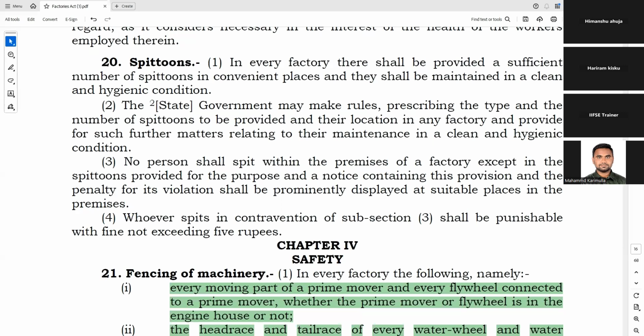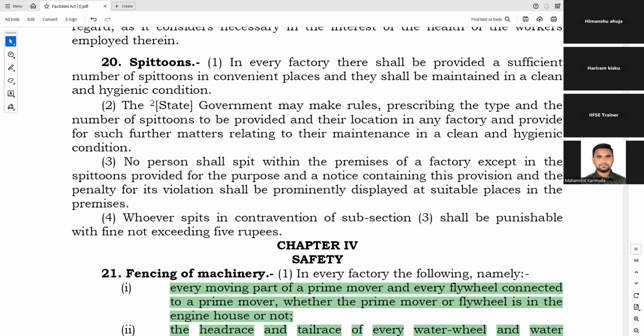In every factory, there shall be provided a sufficient number of spittoons in convenient places, and they shall be maintained in a clean and hygienic condition. The state government may make rules prescribing the type and number of spittoons to be provided and their location in any factory, and such further matters related to their maintenance in a clean and hygienic condition.